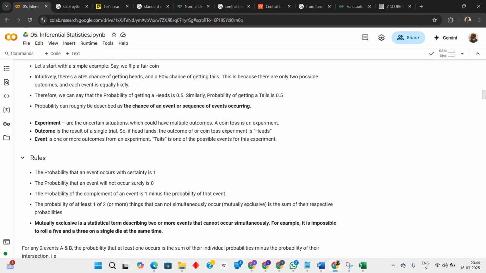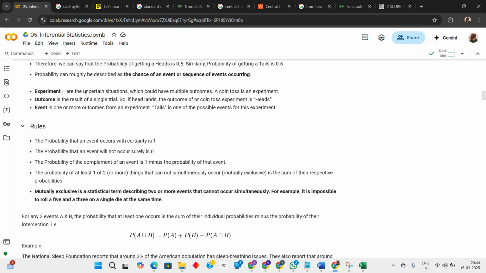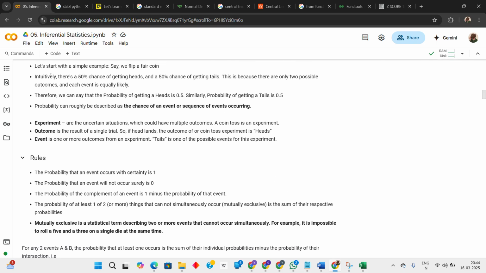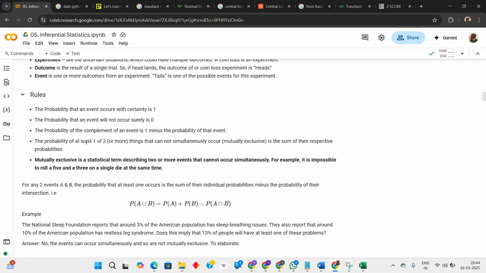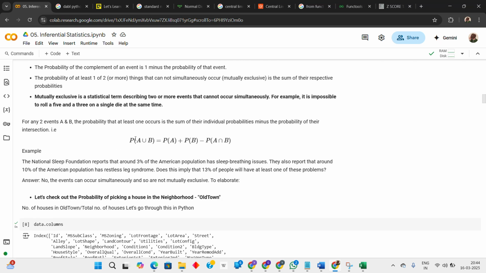So, basic probability, I discussed anyway. I'm not going to touch on it more, but I provided you a basic example. Please refer to this. Today I will share it so that you can refer to it easily. Here you can see the probability formula, where there are two events, A and B. If the condition is at least one occurrence, then we take the sum of their individual probabilities and subtract the probability of their intersection.